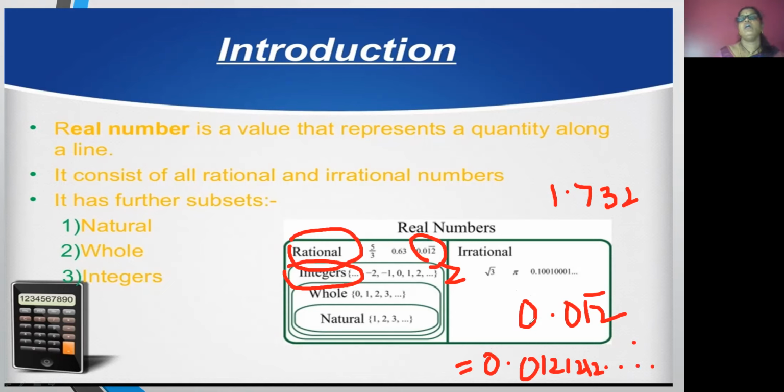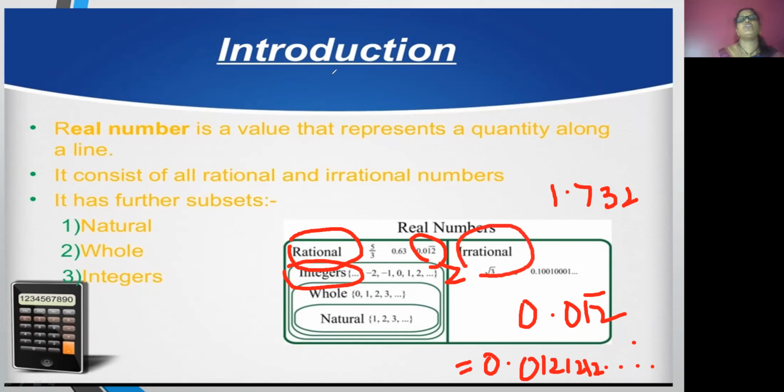This is called a non-terminating recurring decimal. But if it is non-recurring, then such numbers we call irrational numbers.